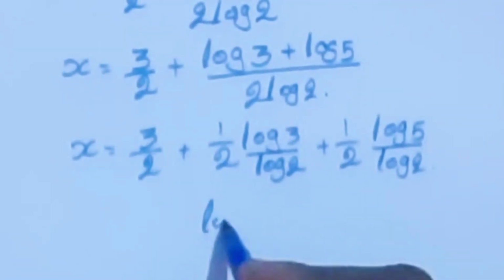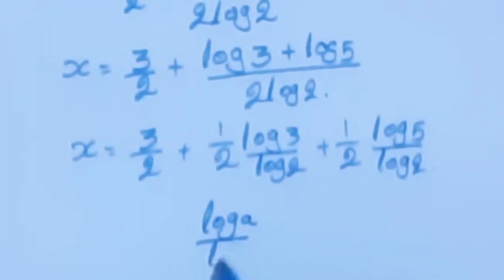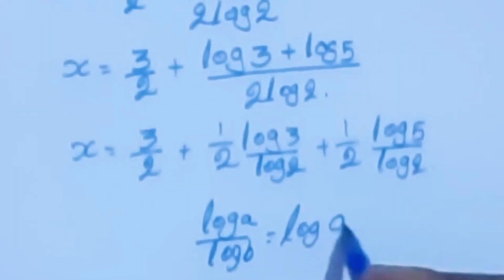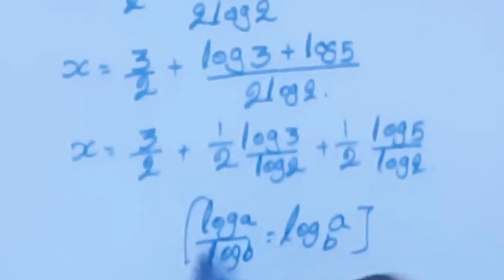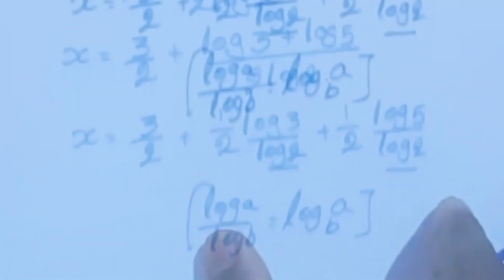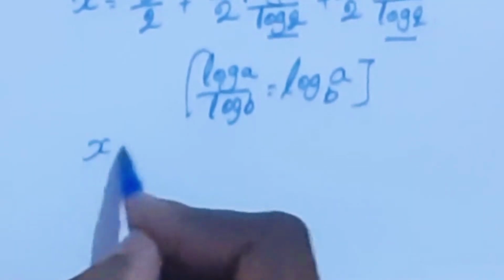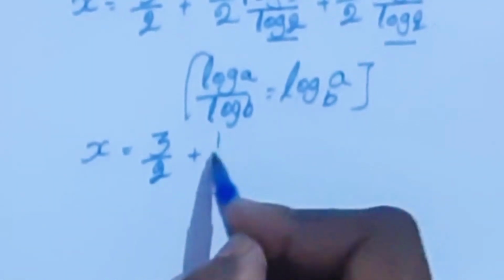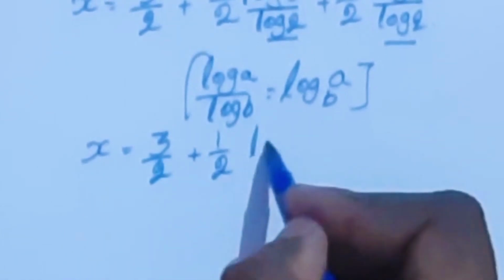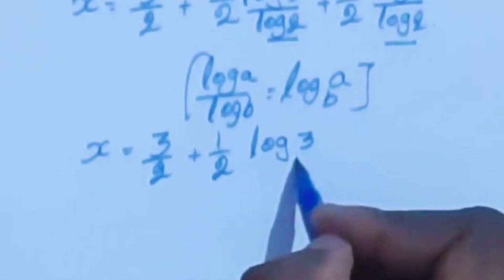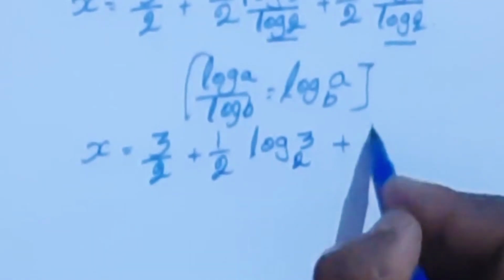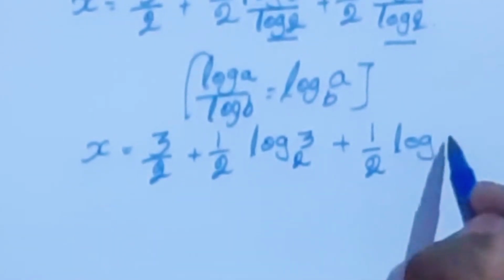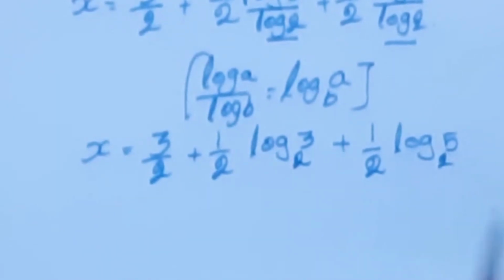Now as per this log A by log B formula, log A base B, this we are going to apply here and here. So we'll get x equal to 3 by 2 plus 1 by 2 log 3 base 2 plus 1 by 2 log 5 base 2.